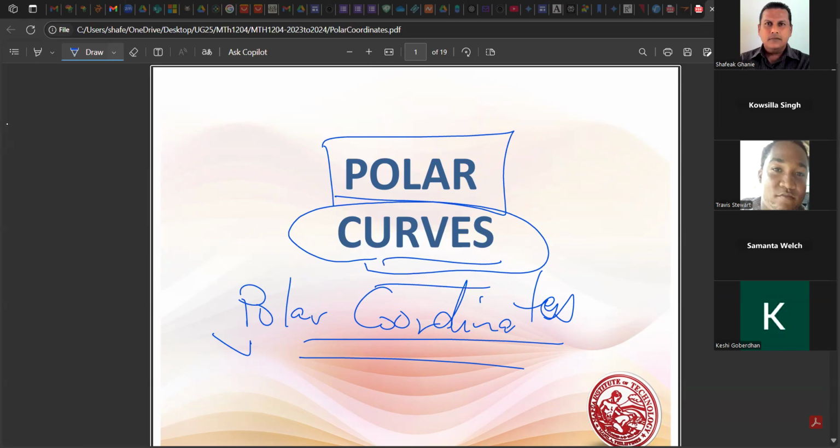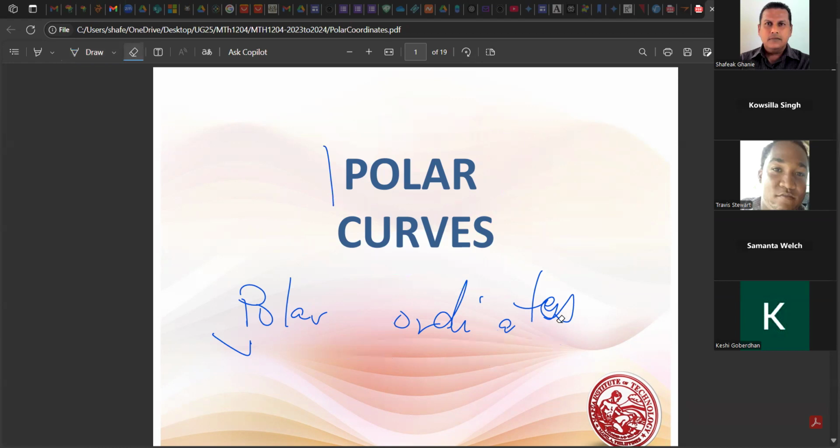You even observe patterns, so that we can group the different curves into categories that make it easy to identify them based on their equations, right? You'll see all of that as we go along here.